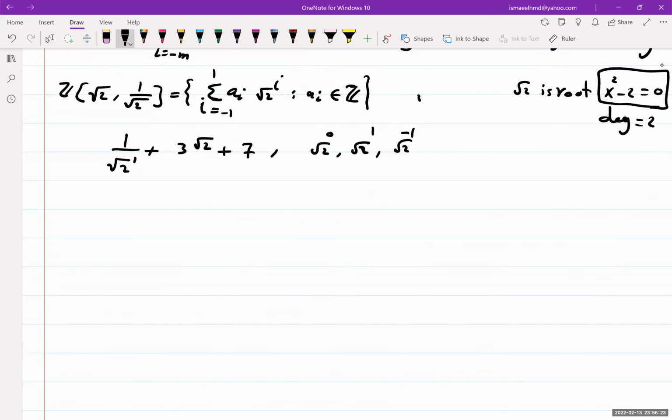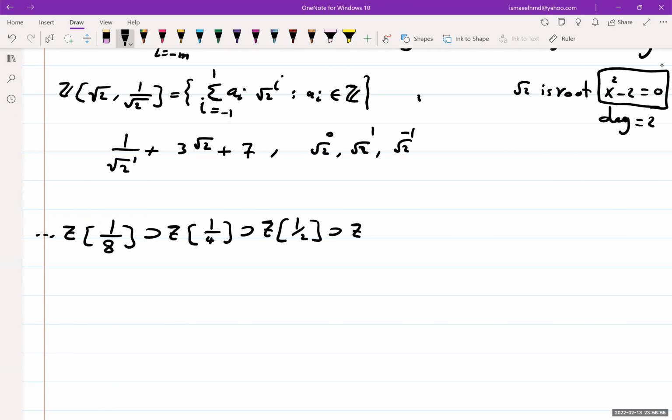We can say we have Z of 1 over 8 contains Z of 1 over 4, which also contains Z of 1 over 2, and this one contains Z of 1 over 2 to power 0, because 1 over 8 is 2 to power minus 3, 1 over 4 is 2 to power minus 2, and 1 over 2 is 2 to power minus 1.